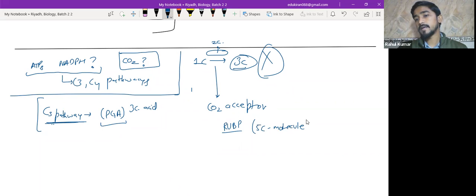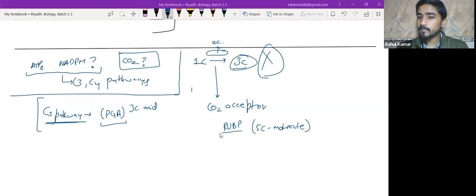Now this made things a little bit complex. We have a 5-carbon molecule accepting a CO2, which becomes a 6-carbon molecule, and finally the stable product is a 3-carbon molecule. So it's not just taking CO2 and reducing it. It's also breaking down.